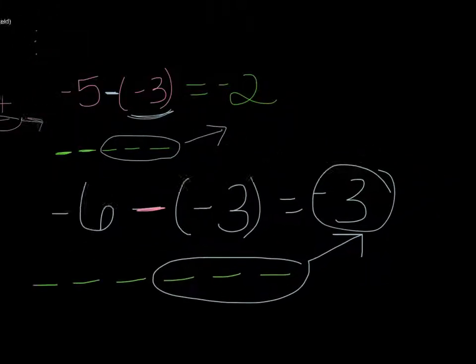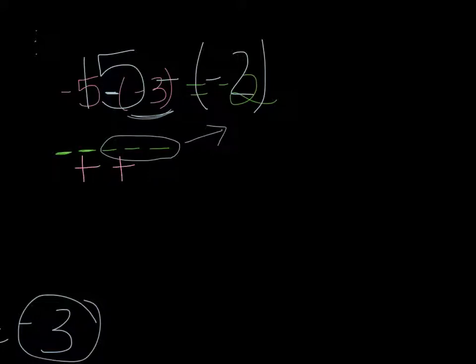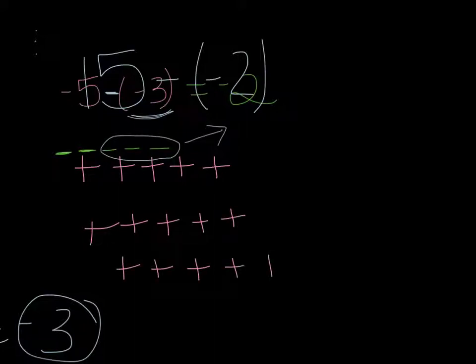Let's see what happens when we have something like this. Let's do 15 minus negative 2. Okay, again, build your first number: 1, 2, 3, 4, 5, 6, 7, 8, 9, 10, 11, 12, 13, 14, 15.